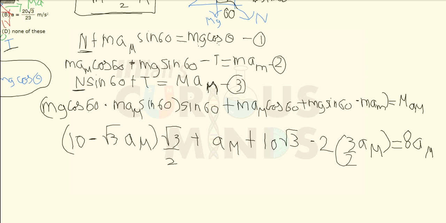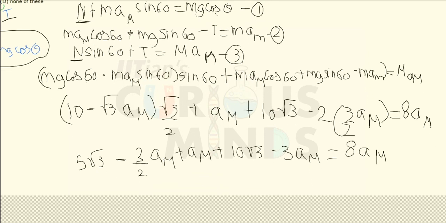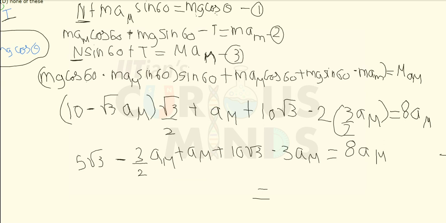So this will somewhat be the formula. Now when I substitute the values and multiply, it will be equal to 5 root 3 minus 3 by 2 A_M plus A_M plus 10 root 3 minus 3 A_M is equal to 8 A_M. Now we have to calculate the value of A_M, so I will take A_M on the right hand side.